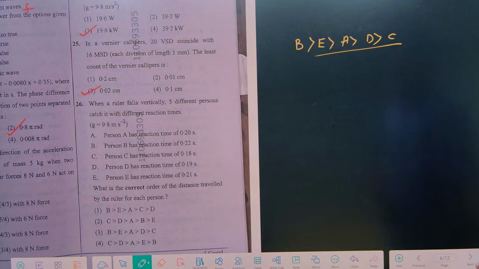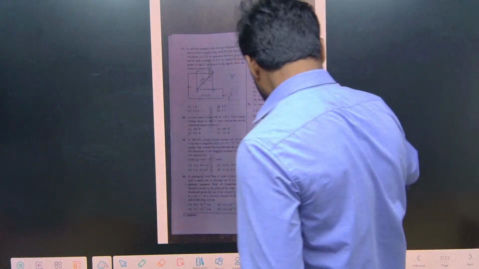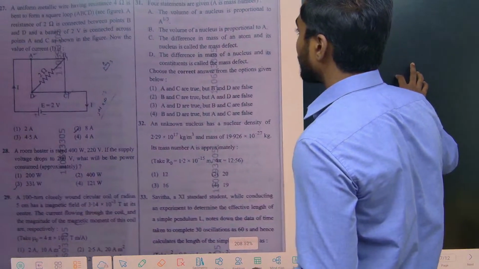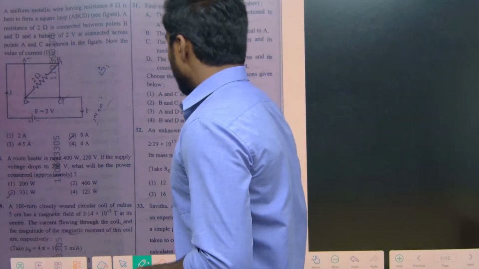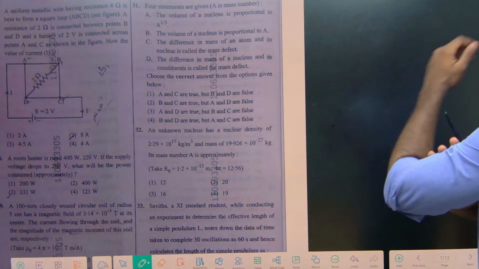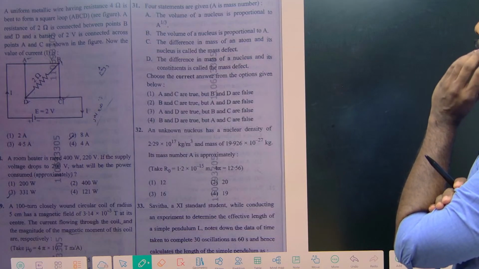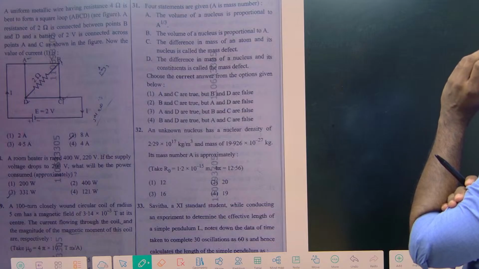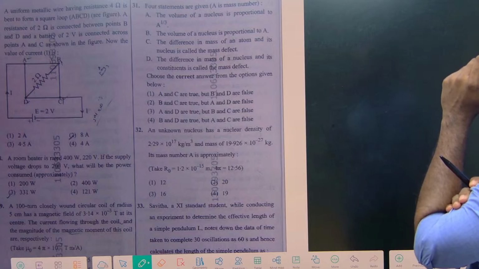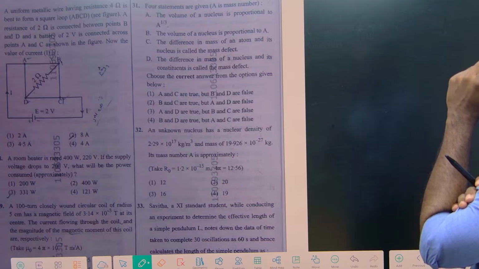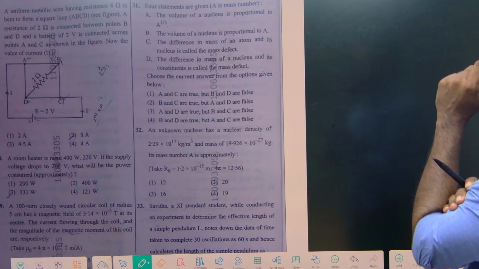Okay, we'll go for the next one. A uniform metallic wire having a resistance of 4 ohm is bent to form a square loop ABCD. A resistance of 2 ohm is connected between B and D. A battery of 2 volt is connected across A and C as shown in the figure.